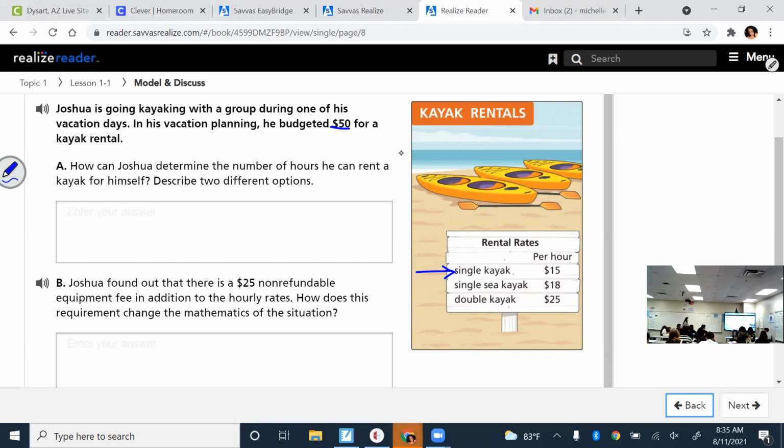How much would it cost for 2 hours? $30. So he does have enough if he has 50. What about 3 hours? How much would that be? And then 4 hours? No, because now that exceeds his budget. So what operation were you doing when you were figuring out how much it costs per hour?